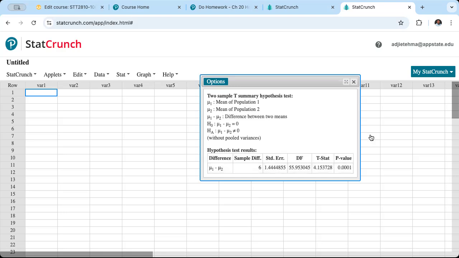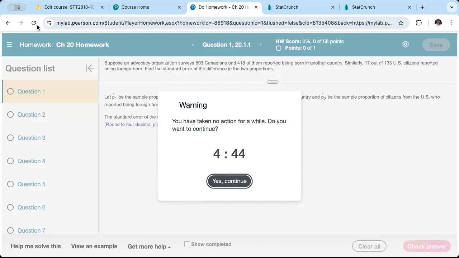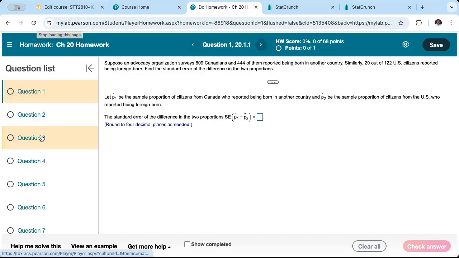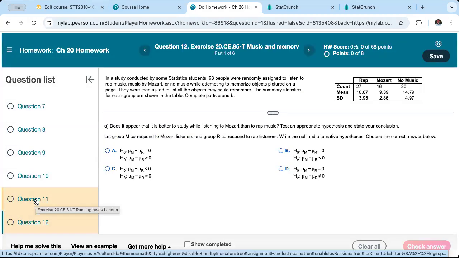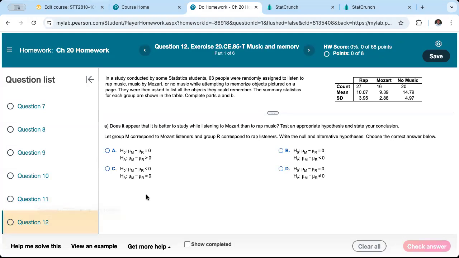So open chapter 20 homework and let's go to question 12. So chapter 20 homework, question 12.